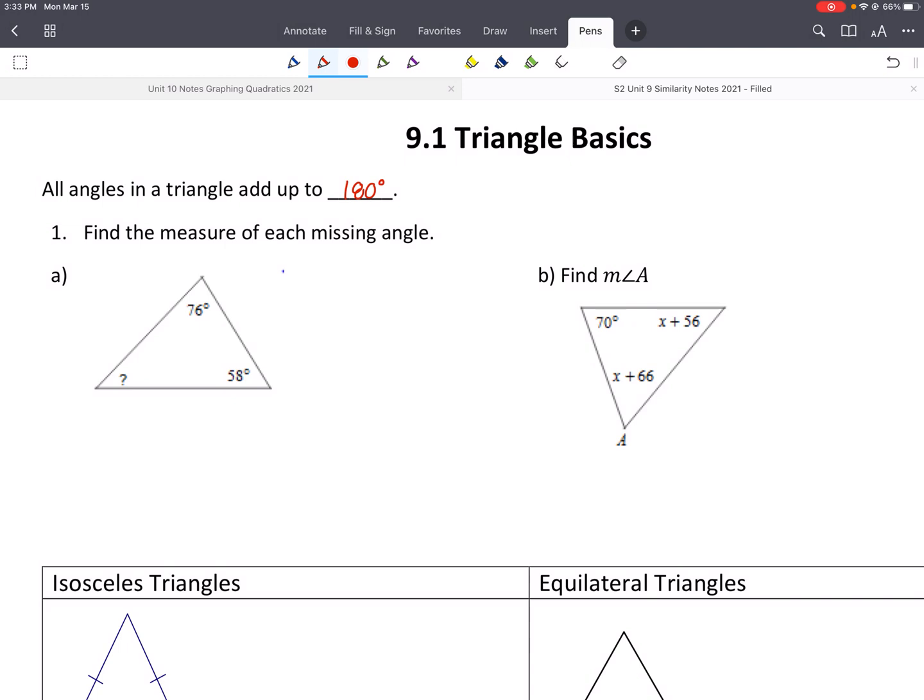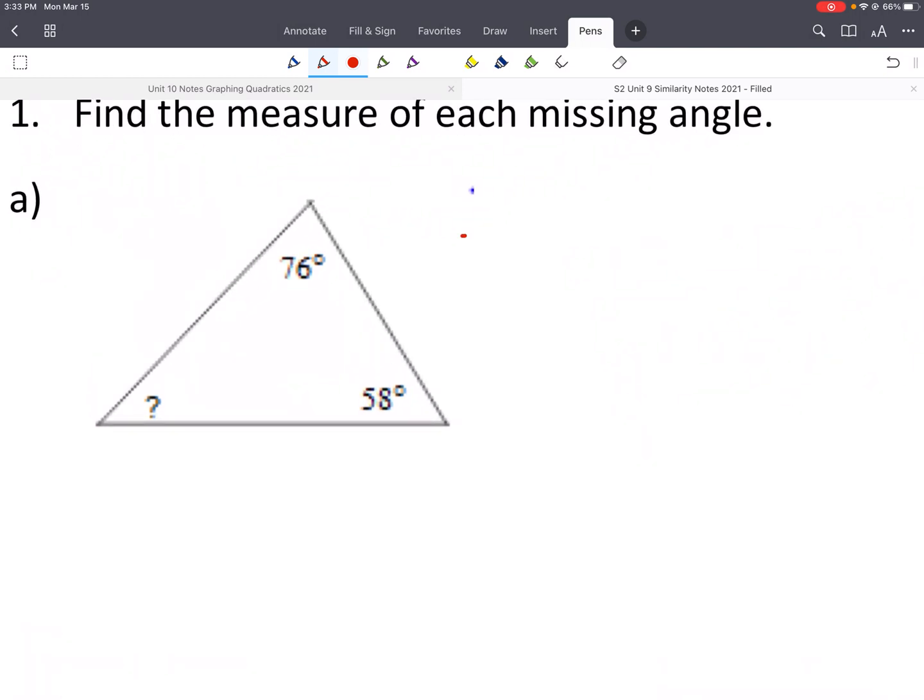Okay, so for example, A, we know that 76 plus 58 plus that missing angle has got to add up to give us 180 degrees. Okay, so all we need to do is a little algebra to solve for x, and we're set to go. One way we could do it is combine like terms first, or we could just subtract these over to the other side.